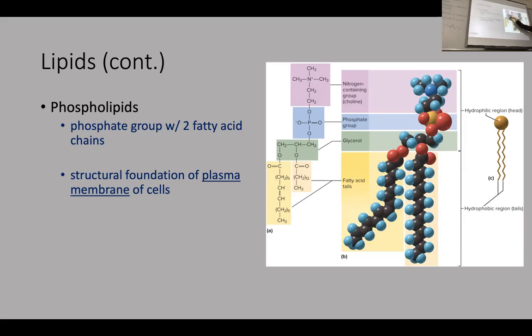That's one of the functional groups that I mentioned. Like you guys already said, these are really important in plasma membranes. So we're going to start, hopefully, to get into the cell chapter today. And I'll talk about phospholipids in the plasma membrane. But here, just 2 fatty acid tails, glycerol backbone, and then a phosphate group on top.